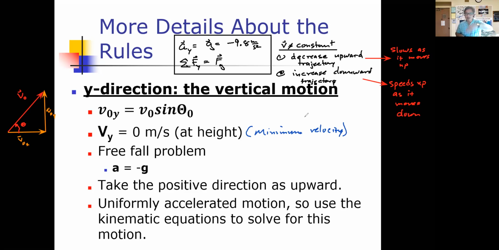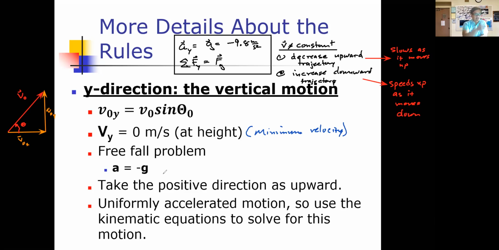It bothers people, but make sure you remember that when we deal with vector quantities, negative does not mean less than 0. The minimum height is at the very top of the pathway, not at the very bottom. Make sure you keep that in mind.